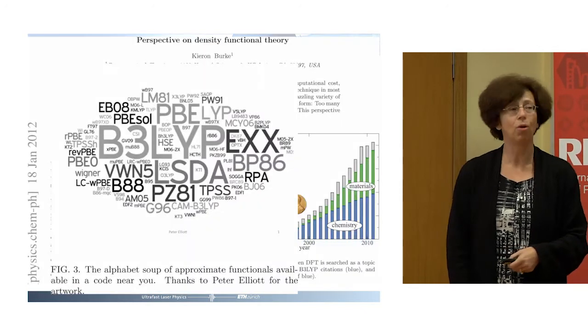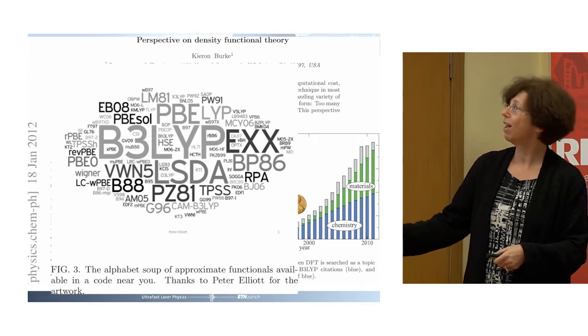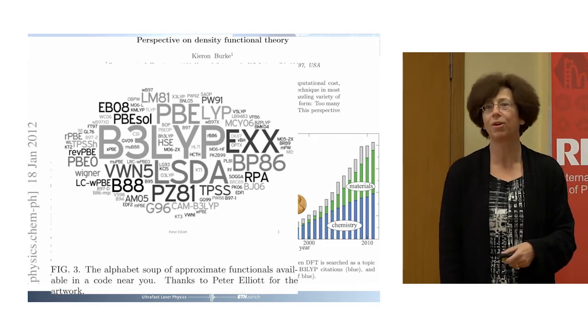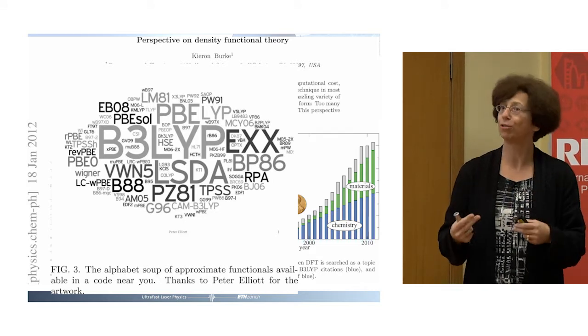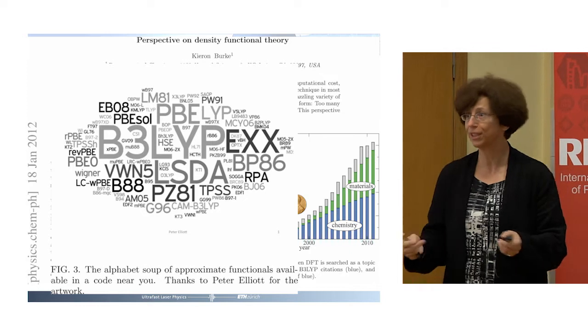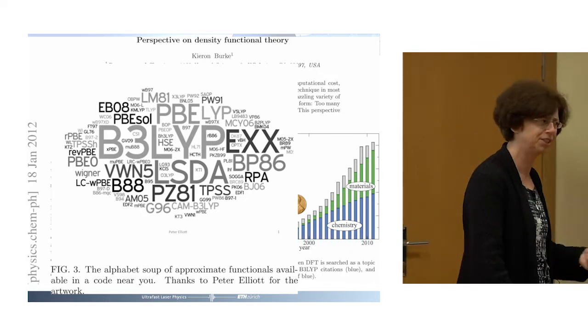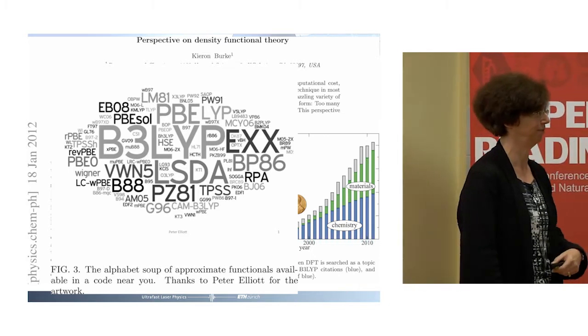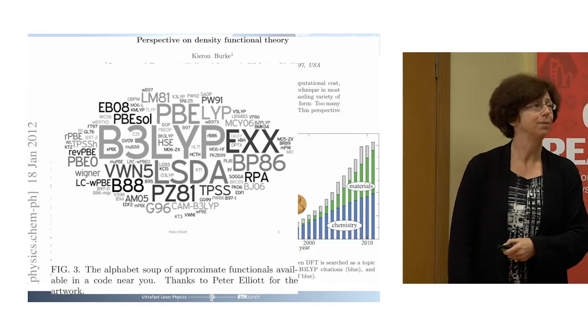And so people made a whole bunch of corrections to DFT. This is the alphabetical soup of corrections. Even the experts tell me it's sometimes hard to understand what approximations the different people make. And some of them make kind of arbitrary approximations, which maybe are not really justified from a physics point of view. So this is obviously a problem.